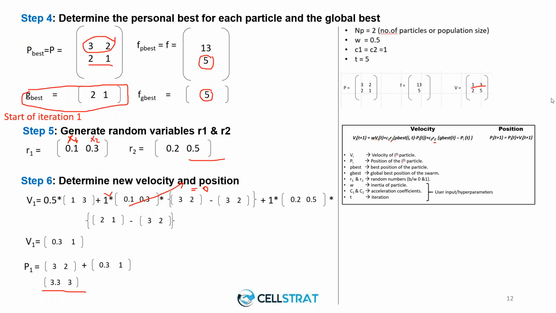Could you please elaborate on how the direction is set in velocity? So if I say v1 is 0.3 comma 1, and you are at this position, and this is the new position, it will try to move in this particular direction.